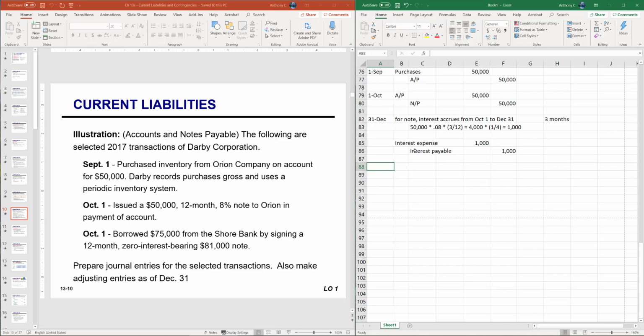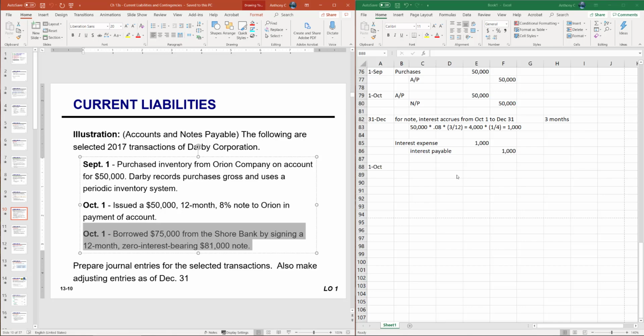Let's now move to the final transaction, October 1st. Here we borrowed $75,000 from the Shore Bank by signing a 12-month, zero interest bearing $81,000 note. If we think about what's happening here, understand the transaction first, and then it's easier to journalize it.